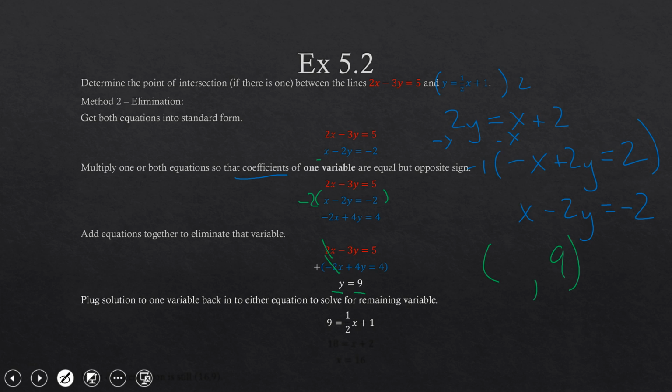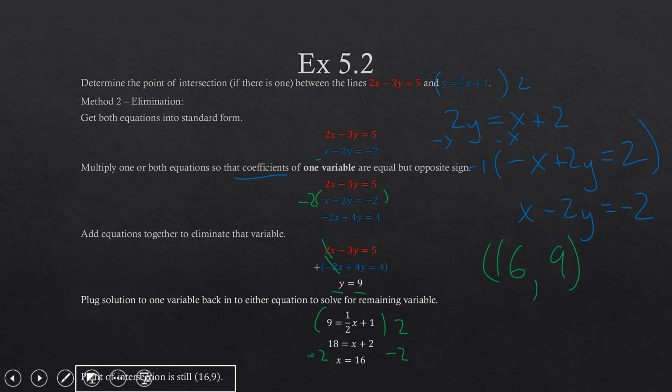So multiply everything by 2. Gives us 18 equals x plus 2. Take away 2, minus 2, and that's going to give us x is equal to 16, which is the same point we had earlier. The point of intersection is still 16, 9.